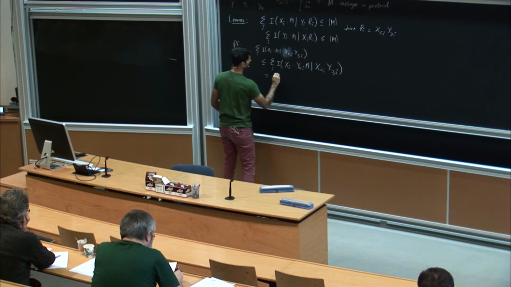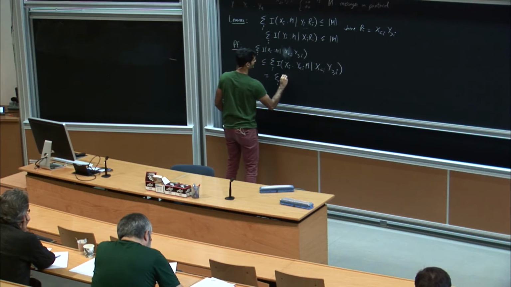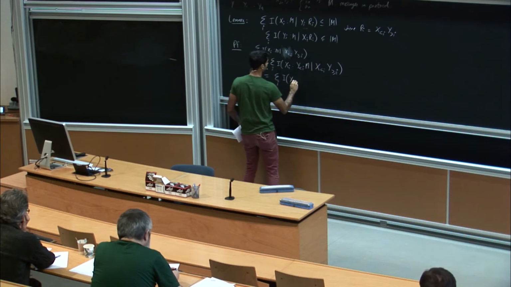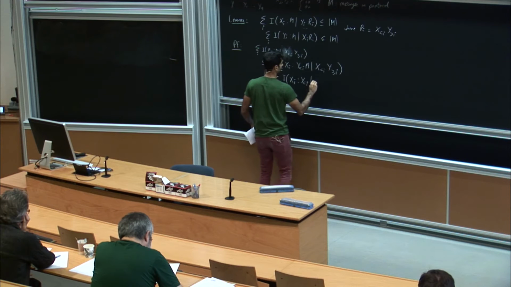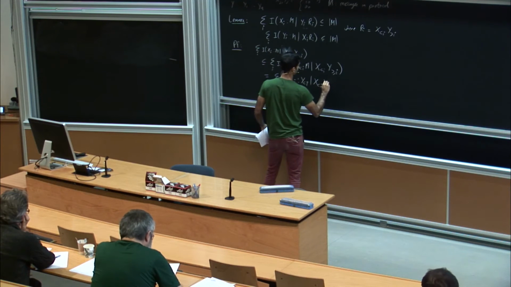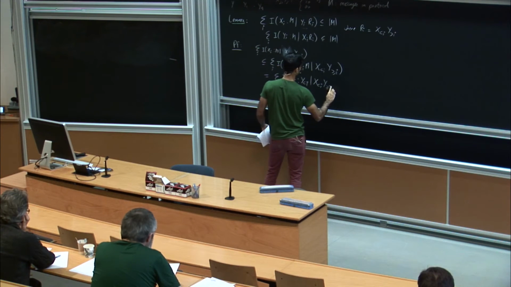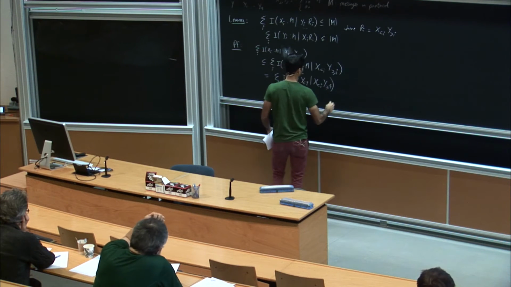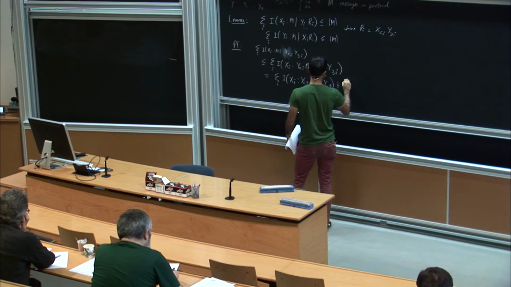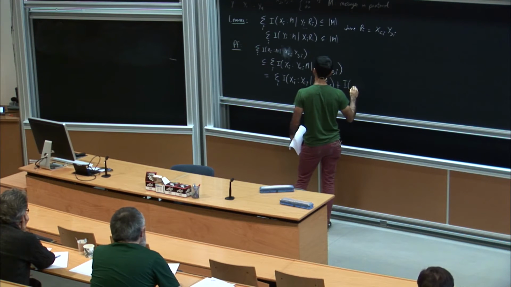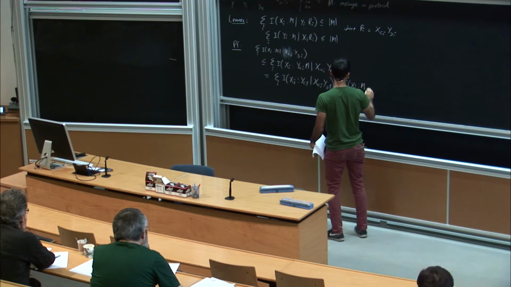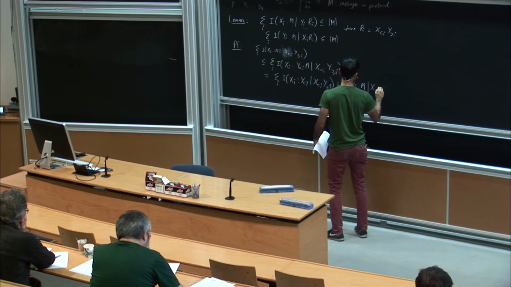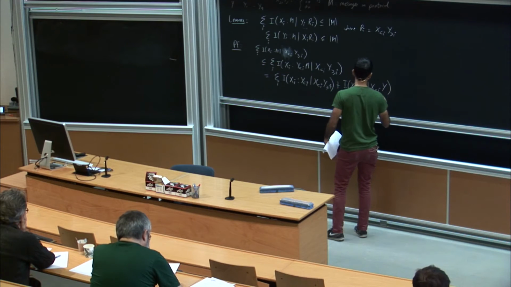So that's exactly equal to the sum over i of the mutual information between xi and y less than i, given x less than i, y greater than or equal to i, plus the mutual information between xi and m, conditioned on x less than i and all of y.